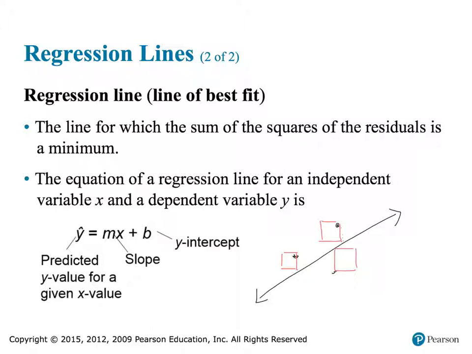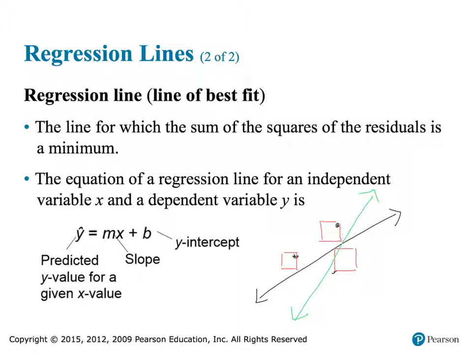The location of this line of best fit is in a place where the sum of the areas of those squares is as small as it possibly could be for any line I might fit to the data. Let me demonstrate with a line I might fit to the data that doesn't fit the data well. Okay, so I'm going to draw in another line, but clearly not one that describes the pattern of the points very well.